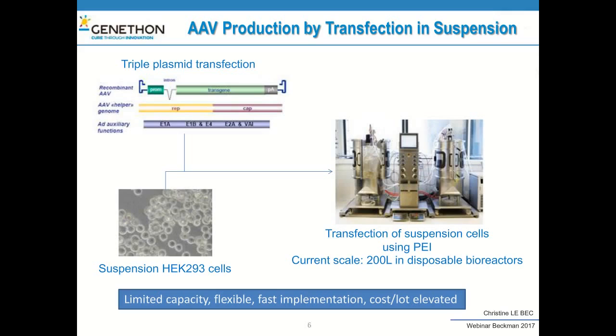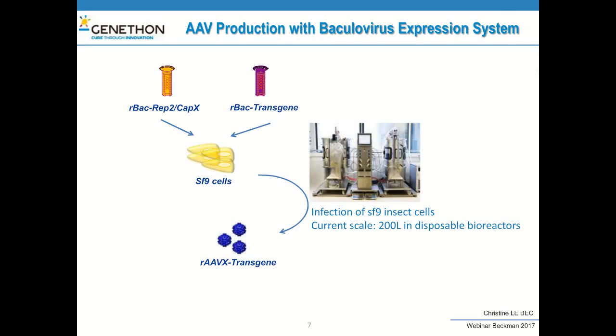For large-scale production, we use another process, based on the Baculovirus system, a dual Baculovirus expression system. You need one Baculovirus coding for the rep and cap genes necessary for making the AAV vector, and the other coding for the transgene.